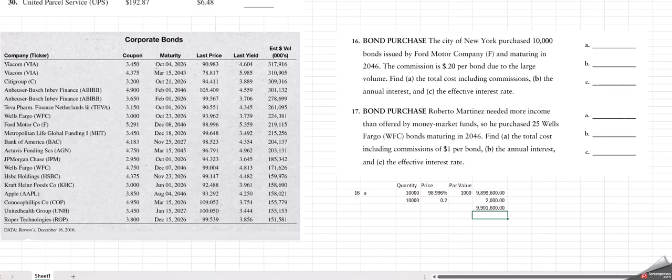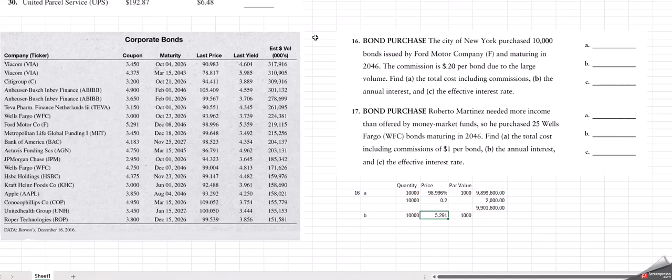Then B says, find the annual interest. So again, we have 10,000 bonds at $1,000 a bond. Now, in this case, the interest is going to be the coupon. So go down to Ford. The coupon is 5.291.